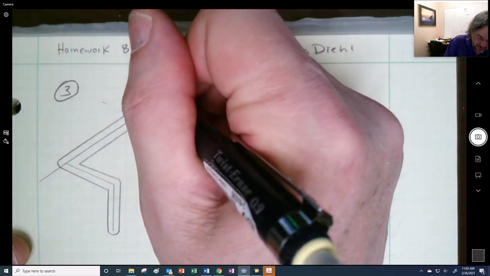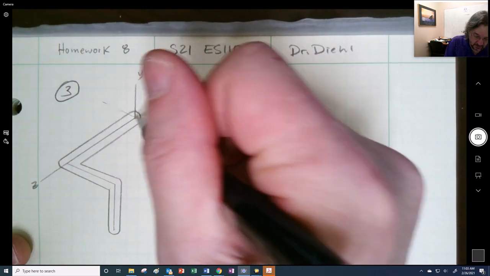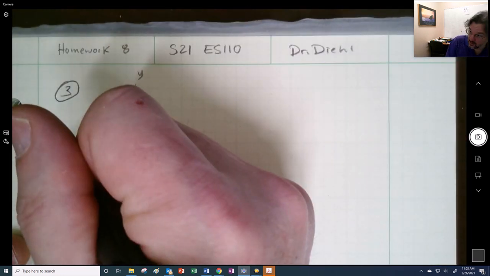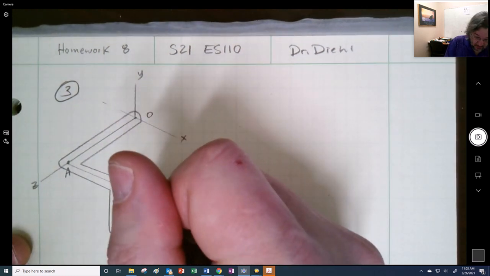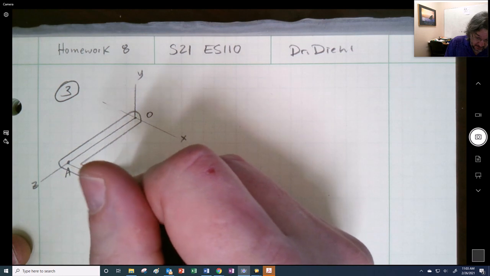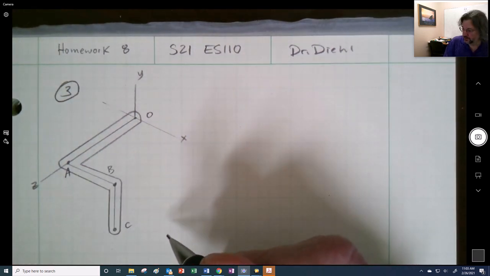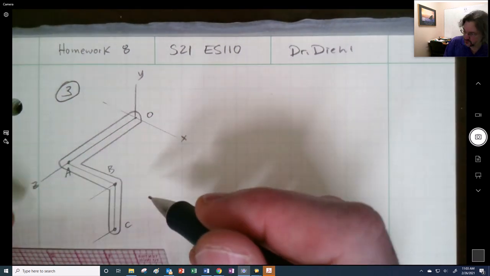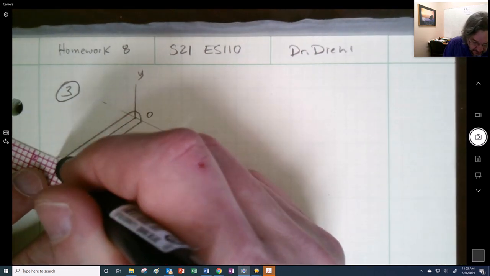Here is X, Y, and Z, and these are O, A, B, label it above it, and then C. And I'm going to put dimensions right here.